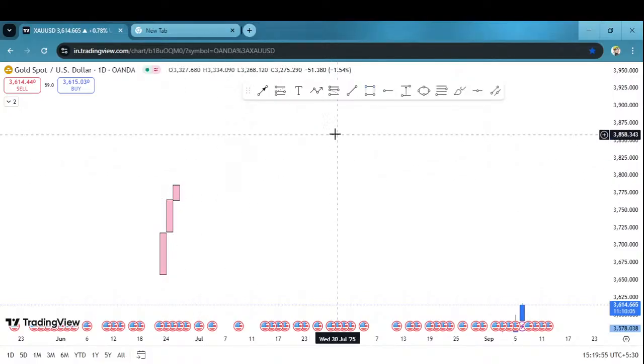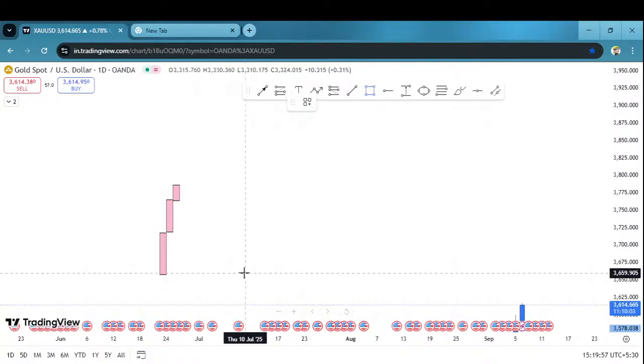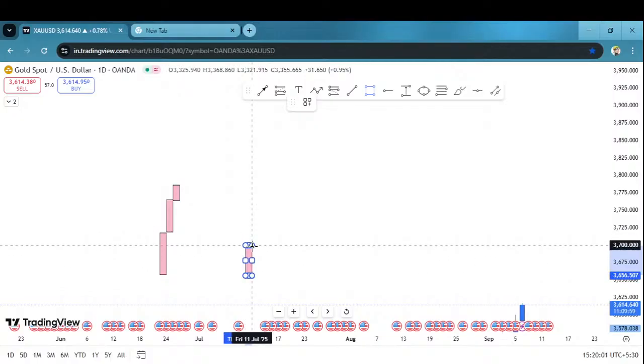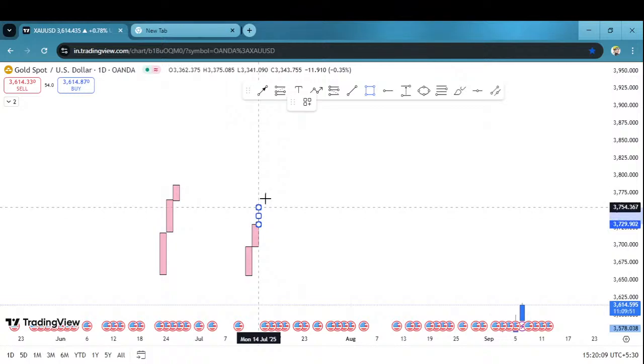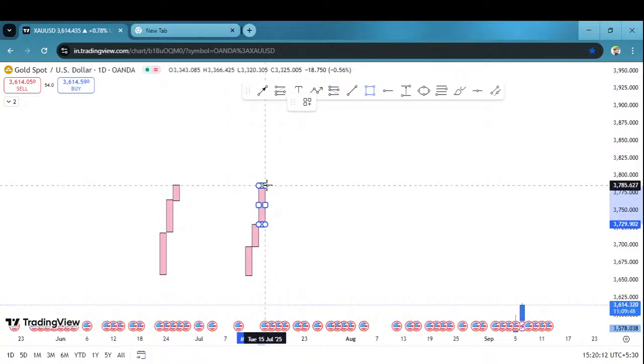So what's the difference in this and what's the difference in this?